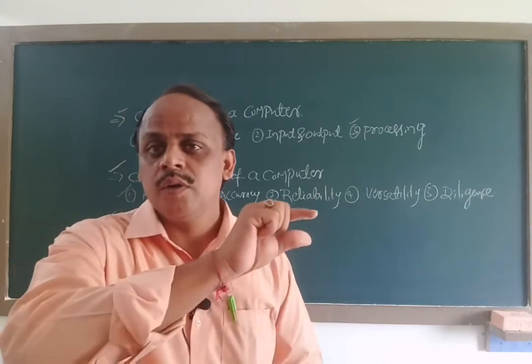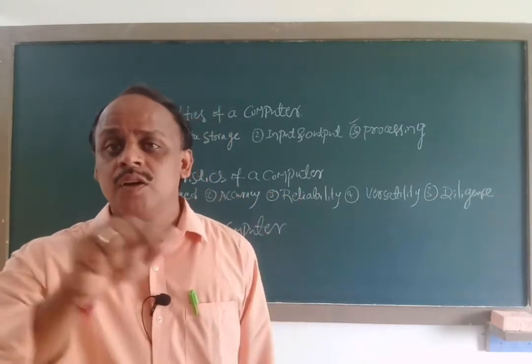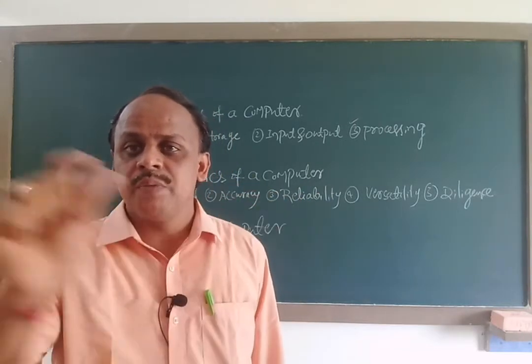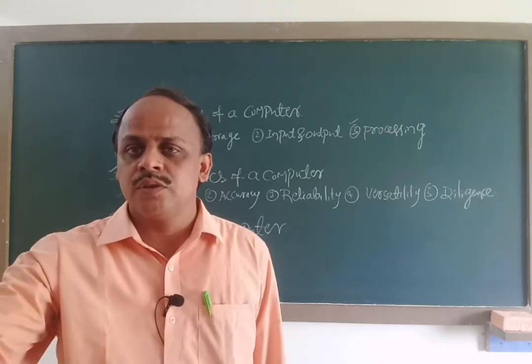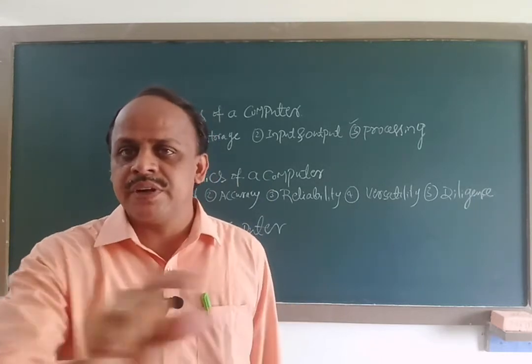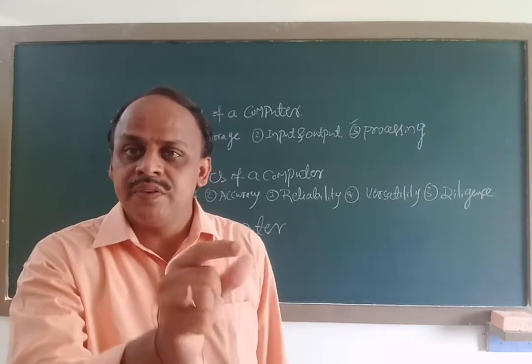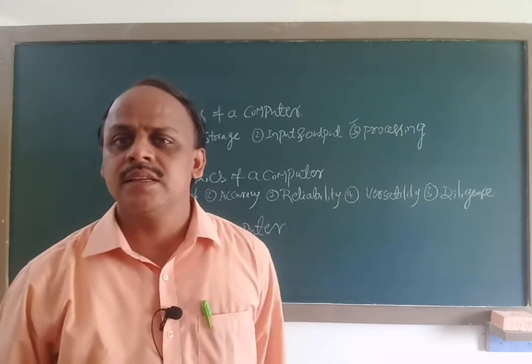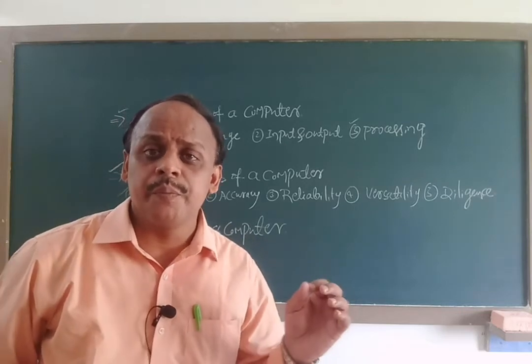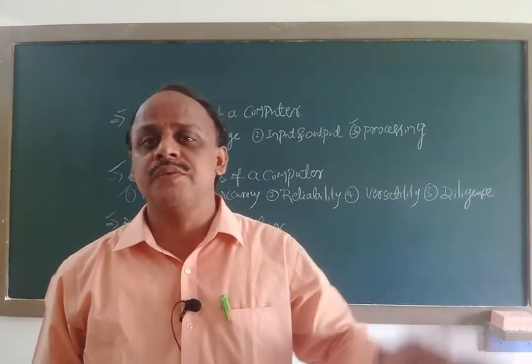Then, within a fraction of a second, it displays the result on the monitor. Sum of the 2 numbers is this. Subtraction is this. Multiplication is this. Division between the first and second number is like this. It produces the result within a fraction of a second.